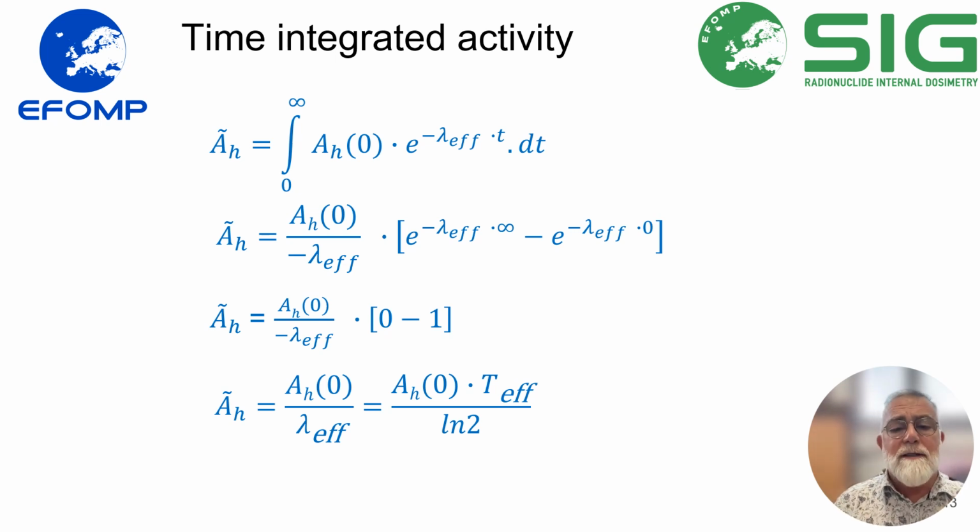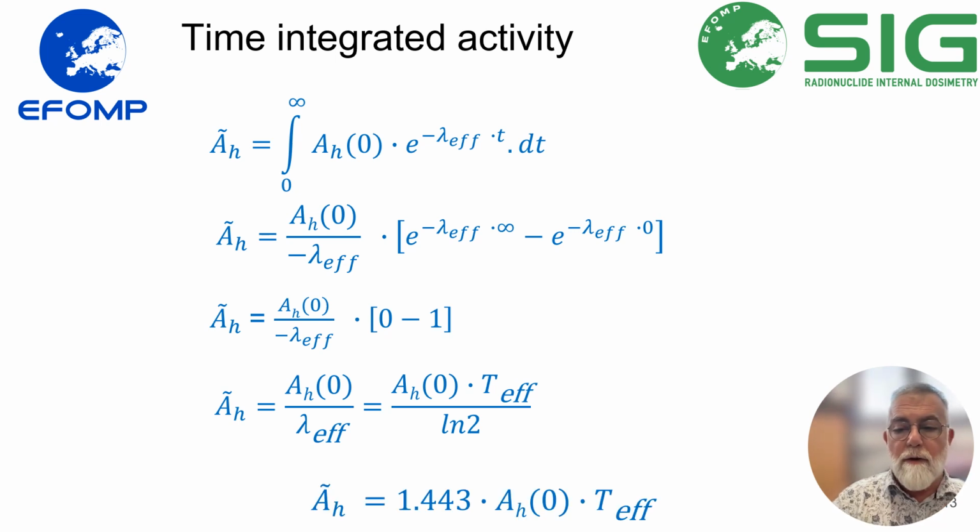So for the time-integrated activity, if you just compute step-by-step, you end up with the time-integrated activity or cumulated activity in the source H is 1.443, the inverse of log 2, multiplied by the initial activity in the source. So be careful, it's not the administered activity, it's the initial activity in the source H multiplied by the effective half-life.